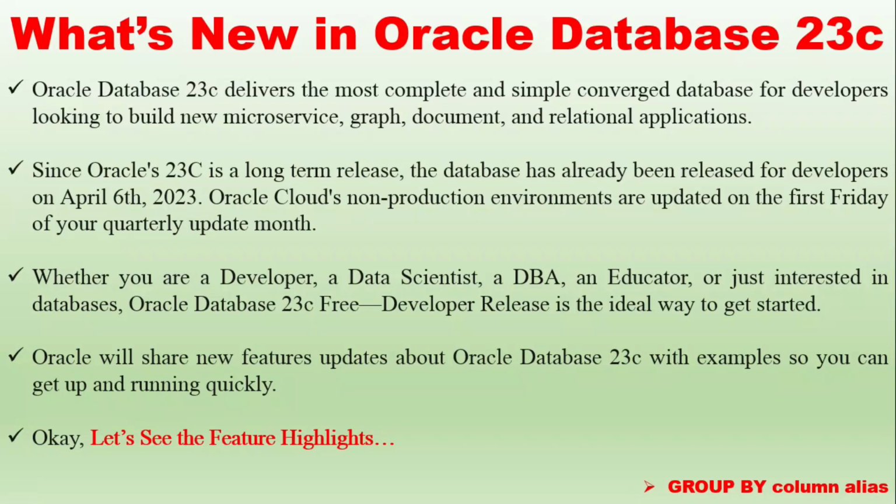Since Oracle 23C is a long-term release, the previous long-term release is Oracle 19C, which is a hugely successful database by now, and it is extended up to July 2027, post which we need to upgrade our database. It's going to be all about Oracle 23C. So the database has already been released for developers on April 6, 2023.